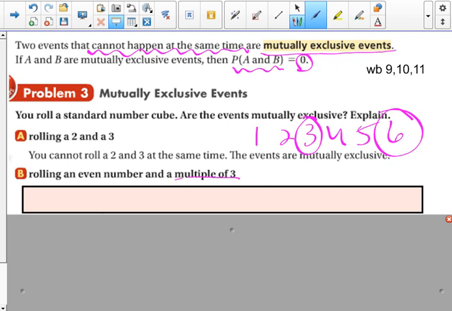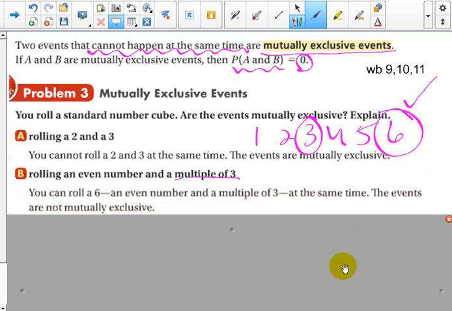So can one of these also be an even number? Which one? So this is possible, right? So they are not mutually exclusive. Okay, not mutually exclusive because it can happen. You can roll a 6, which is an even number and a multiple of 3 at the same time. Okay?